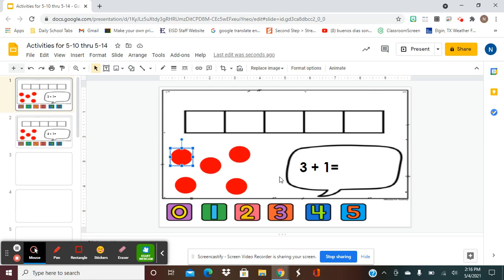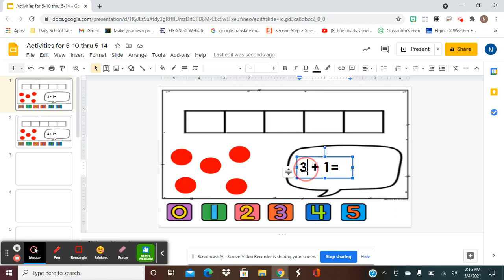So let me read this addition sentence for you. 3 plus 1 equals something. We're going to find out. So the first thing we're going to do is we have a 3 right here. You see it? So we have to put 3 counters up here. Remember, we're adding.